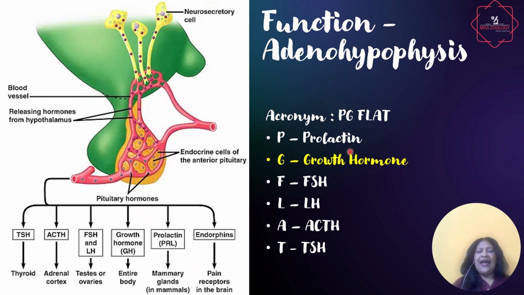P for prolactin, G for growth hormone, F for FSH, follicle stimulating hormone, L for LH, luteinizing hormone, A for ACTH, adrenocorticotropic hormone, and then we have T for TSH, thyroid stimulating hormone.